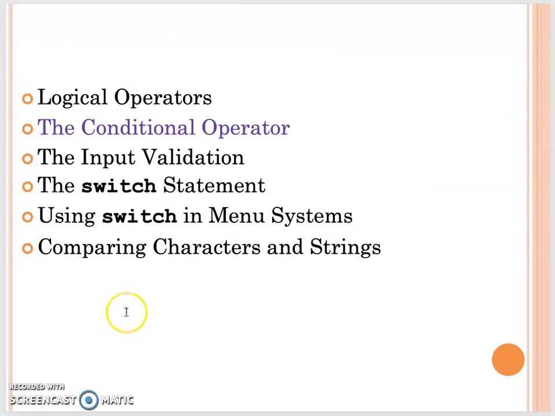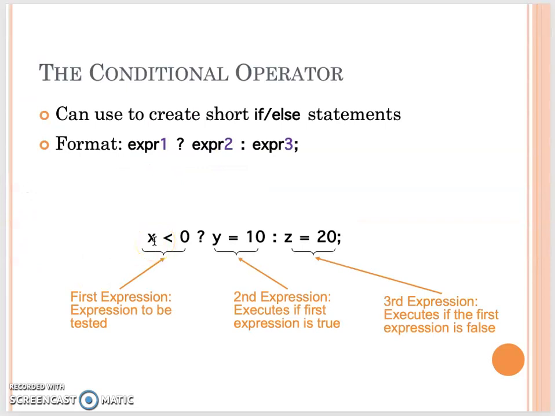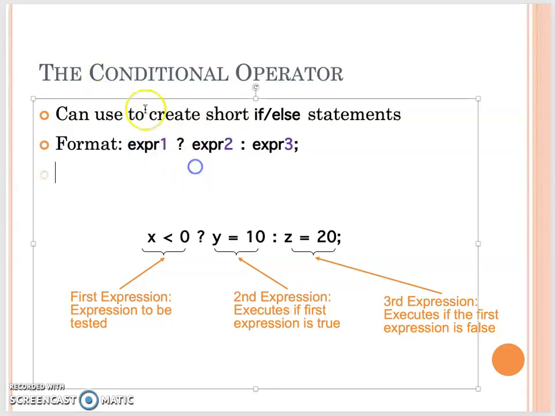After we finish the logical operator, we will talk about the conditional operator. We already talked about that a little bit. In the first couple of weeks, when we talked about operators, we have the binary operator and the ternary operator. This ternary operator, associated with three operands, we call the conditional operator.